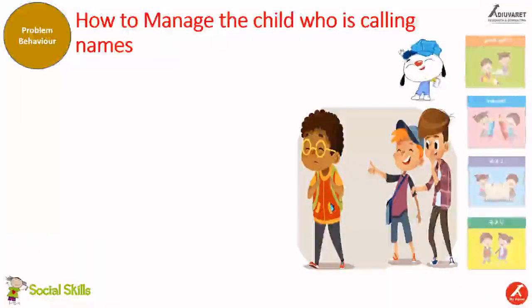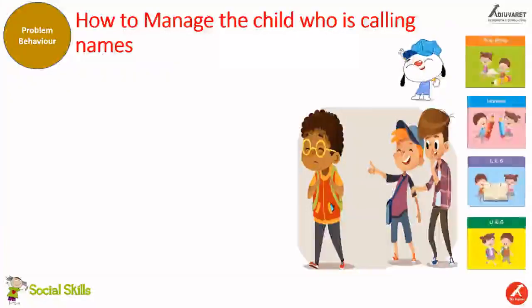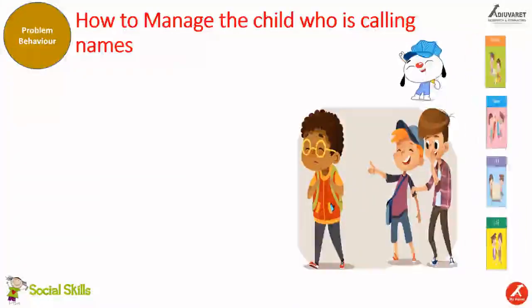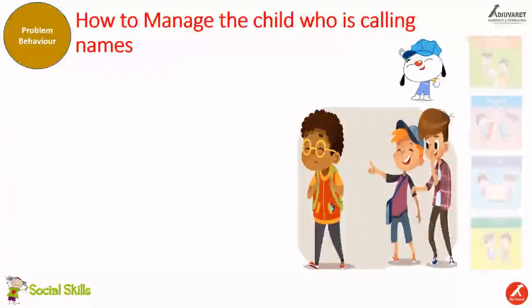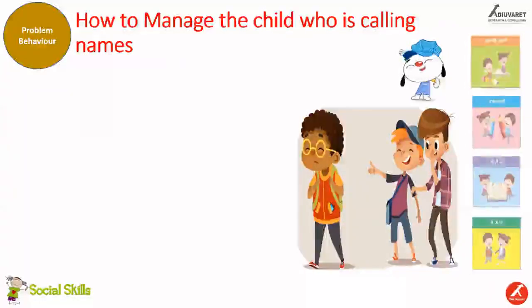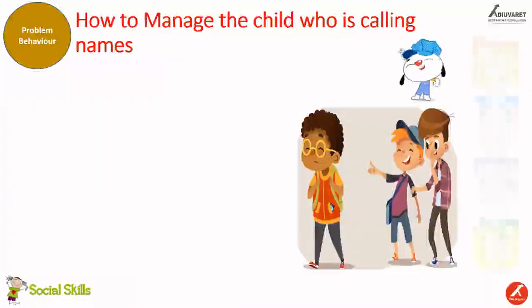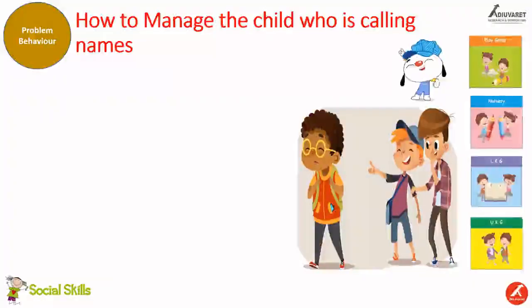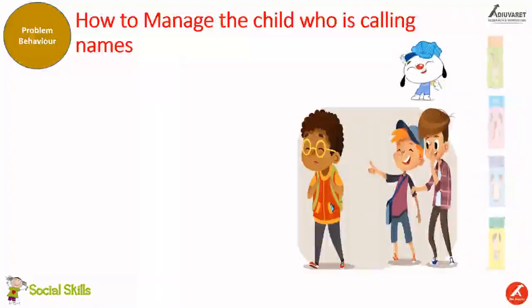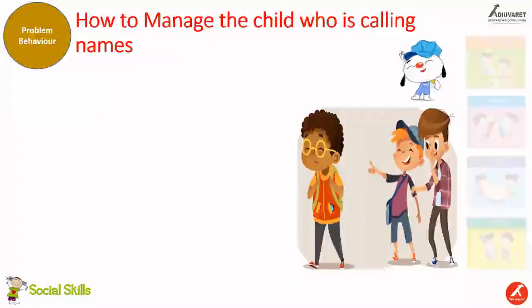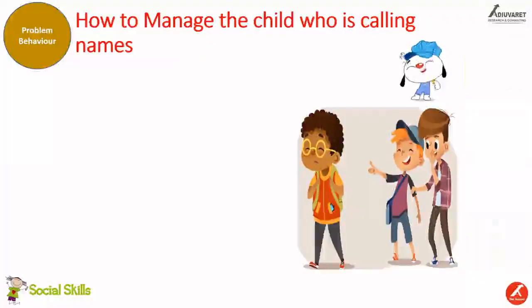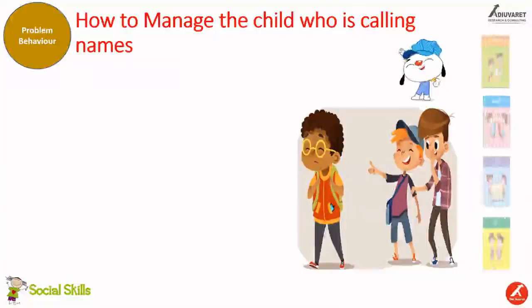There are a few strategies which are really easy and quite practical to adopt. Let's see what we can do to stop a child from further developing this negative social behavioral trait as a regular habit, and change that habit into a positive one.